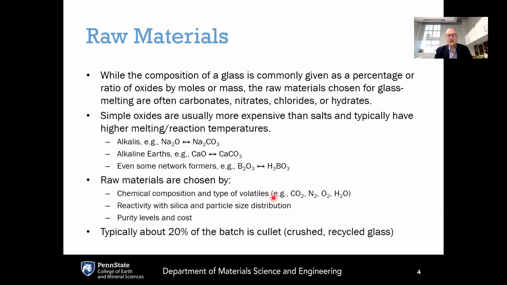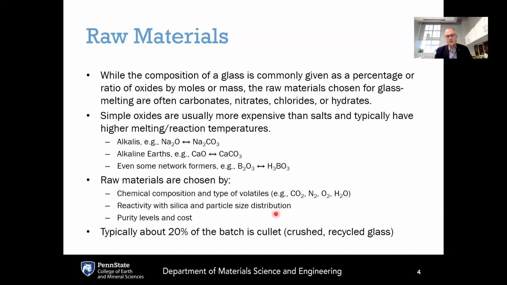Those gases can include carbon dioxide. So carbonate, for example, CaCO3, when that decomposes into calcium oxide, releases carbon dioxide in the process. If you have a nitrate batch material, that can release nitrogen gas and oxygen gas. And if you've got a hydrated batch material, like boric acid, for example, that would release water vapor.